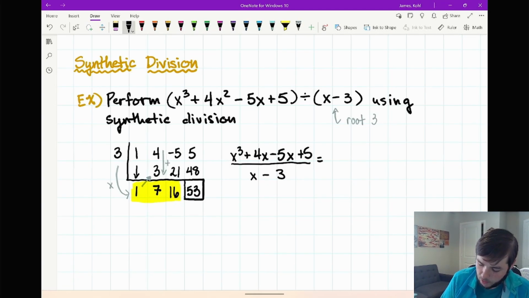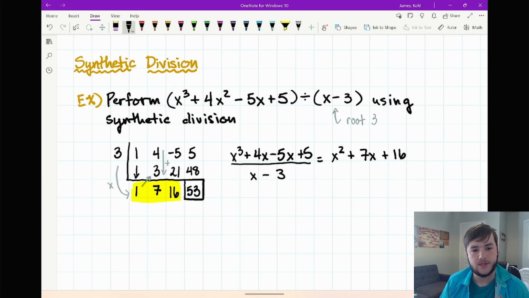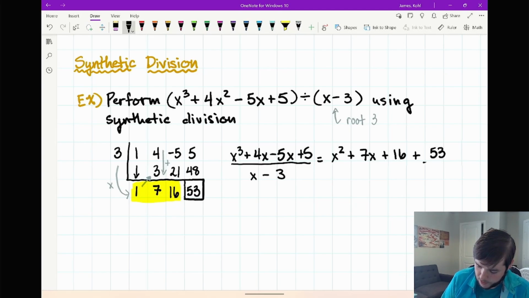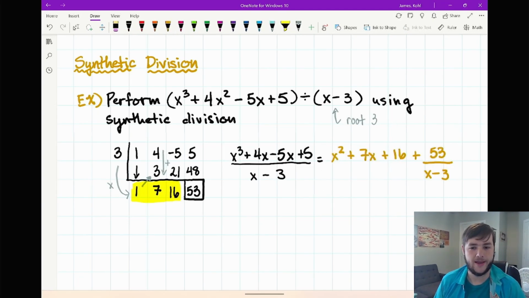This is going to be 1x squared plus 7x to the first power plus 16x to the 0 power. And here's why I boxed in my 53. 53 is my remainder. So that is going to be the answer.